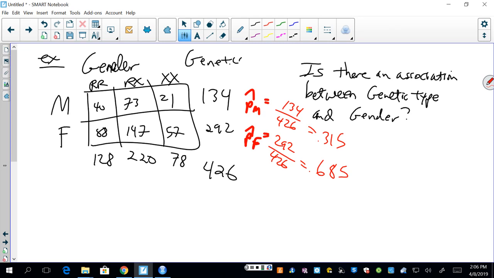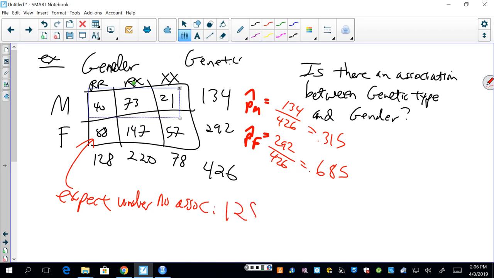You'd expect the 220 to be divided the same percentage without any difference, right? So expected values, so for instance here, we'd expect under no association. So there's 128, and we'd expect 0.685 to be female, right, out of that.